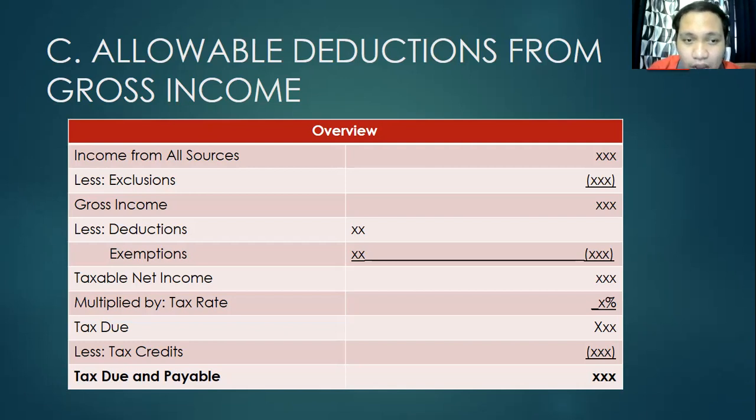Okay? So after deducting the deductions and exemptions from the gross income, we will be able to arrive at the taxable net income. So taxable net income na. Pero kung magkano na yung taxable net income mo, i-multiply mo na yun sa tax rate na ibinigay ng batas. Okay? So after multiplying that by the tax rate, we will be able to arrive at your tax due.